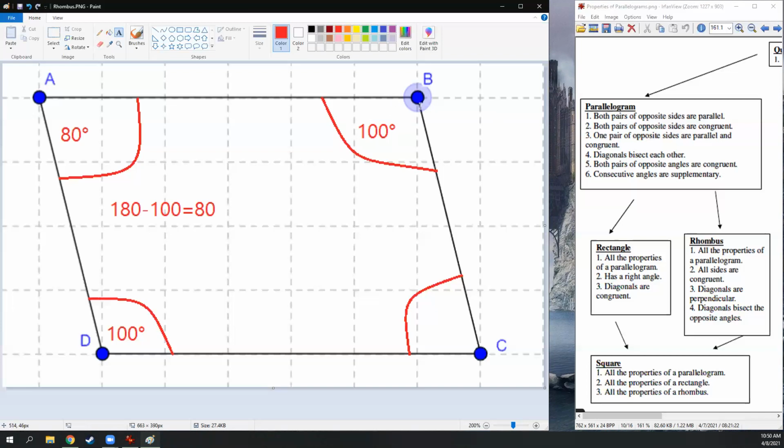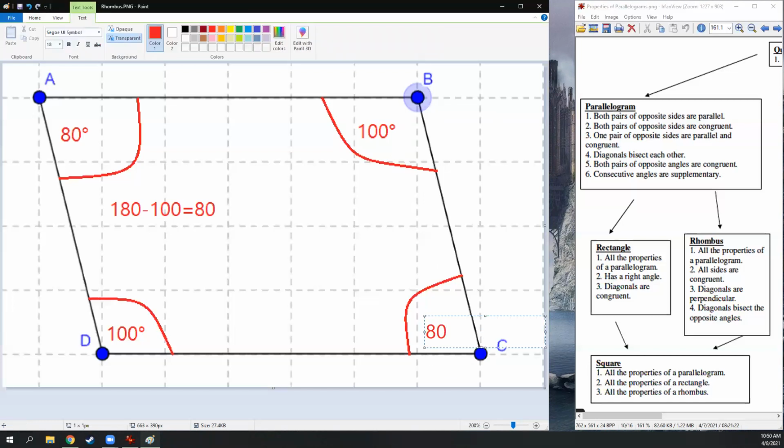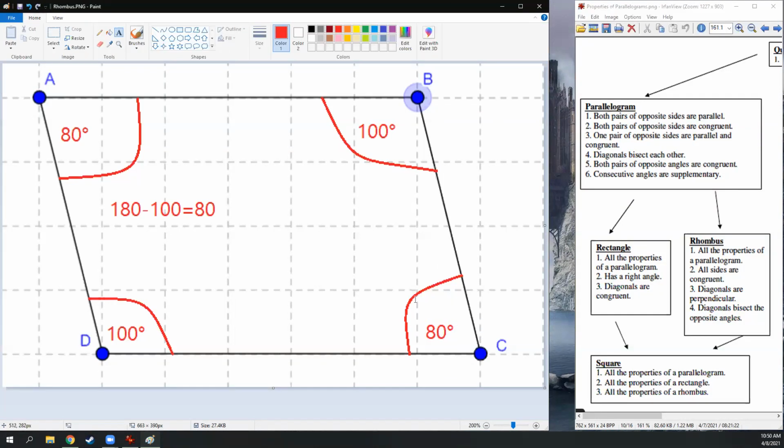And then same thing, from B to C. If I drag my finger from B to C, they must be consecutive. They're the first angle I run into, so they add up to 180, and that's going to leave this with 80.